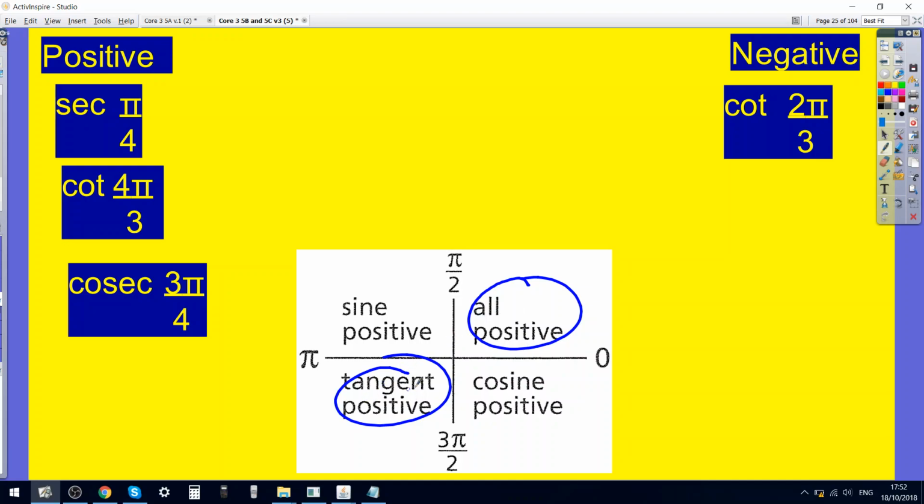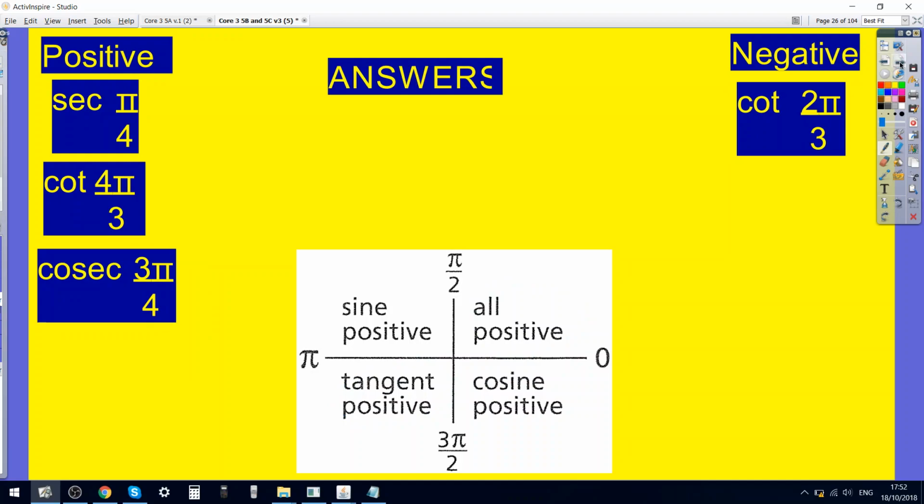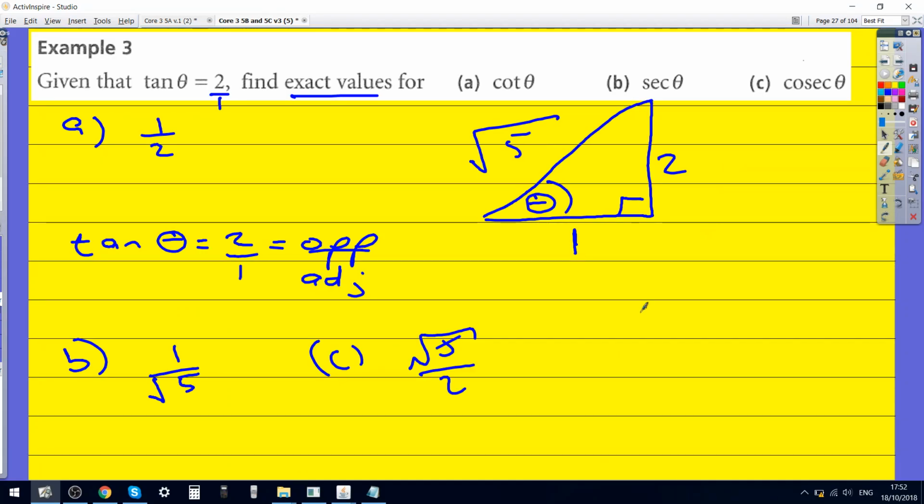What if it's in the bottom left one? Then secant and cosecant would be negative. That's right, and we're not sure which quadrant it's in, so it's either plus or minus root 5 over 2, or plus or minus 1 over root 5.